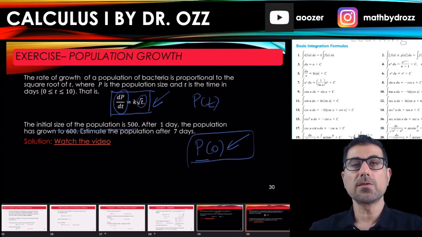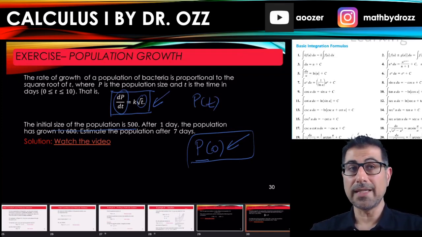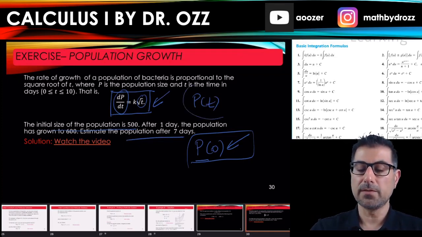Once you get the particular solution, you have the full form of p of t. That means you can calculate or estimate the growth of bacteria after 1 day, and even in 1 week.